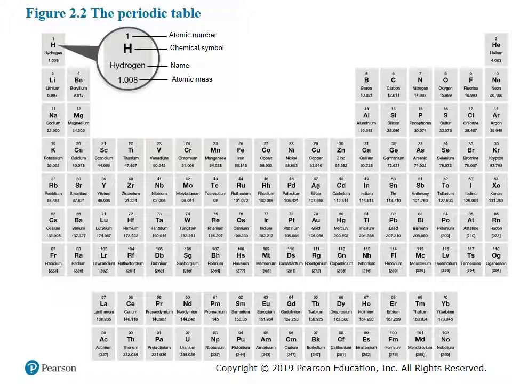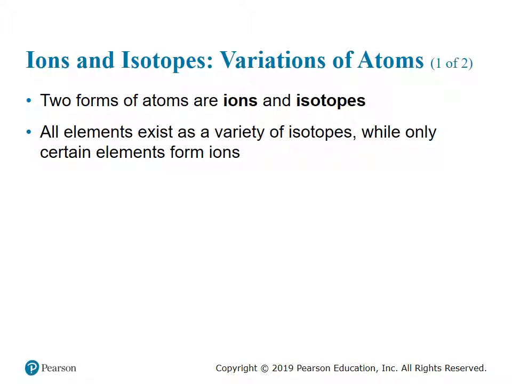And if we add, for example, 1 proton or 1 neutron, let's say neutron, to the actual element itself, thereby changing the number of neutrons of the element, you then create a different form of the same element. We call that an isotope.